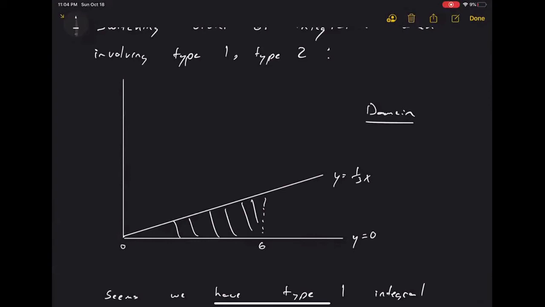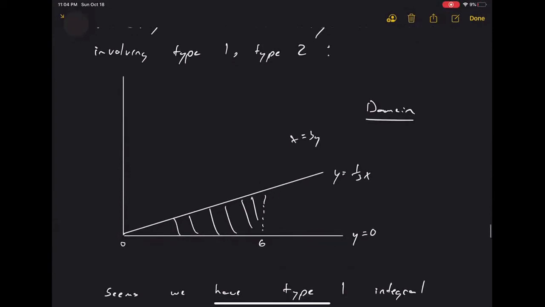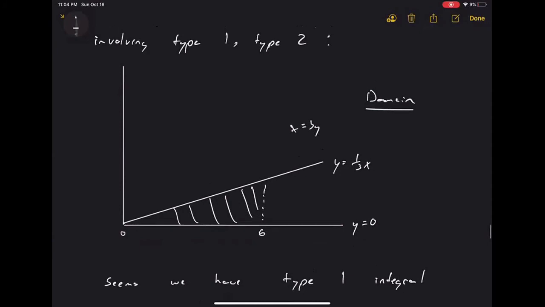If y equals 1/3 x, then x equals 3y, and x equals... well, actually, no, not 0. x equals 3y and x equals 6. We could also use these as our function bounds.